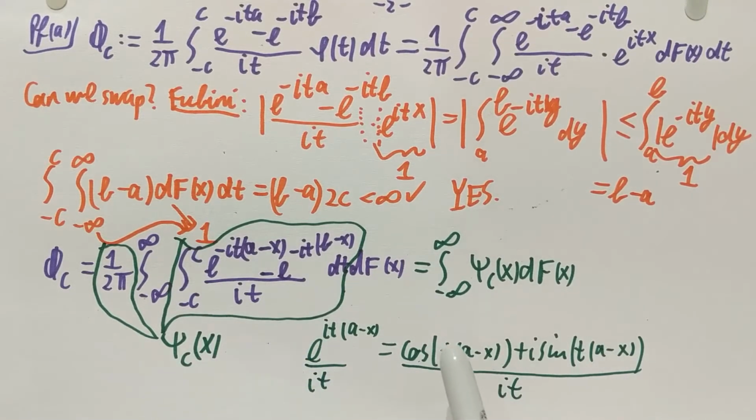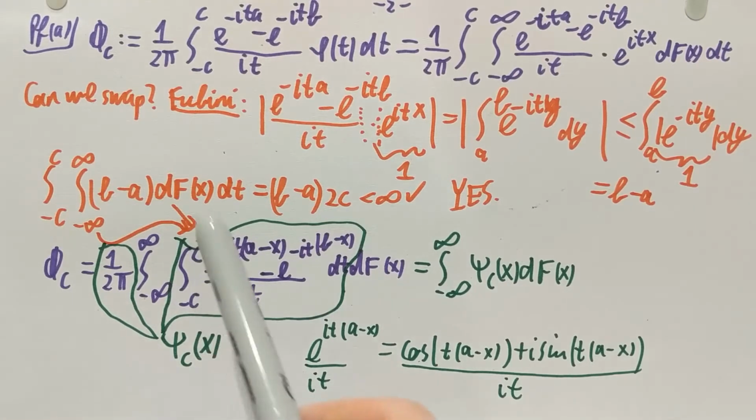The cosine function is an even function. It doesn't matter if I plug in plus or minus t. If I divide it by t, it becomes an odd function. If I integrate an odd function over a symmetric interval, that gives me 0. The sine function is an odd function, but if I divide by t, it becomes an even function. So if I change t to minus t, it doesn't change value.